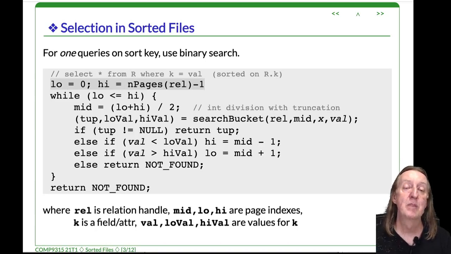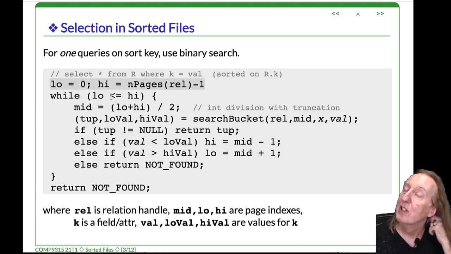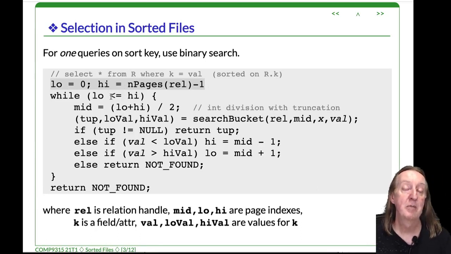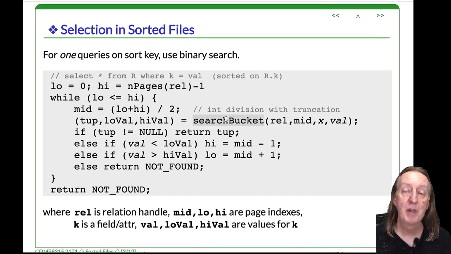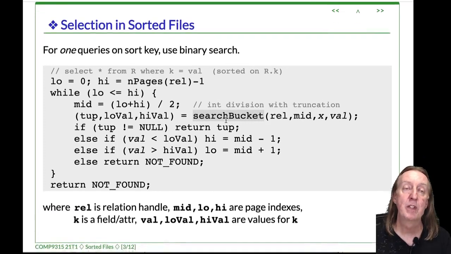You keep scanning until low goes beyond high, in which case you know that the value you're looking for isn't in the file. In binary search, you find the midpoint, the middle page, and you search that page plus its associated overflow pages, and they return you a number of things.